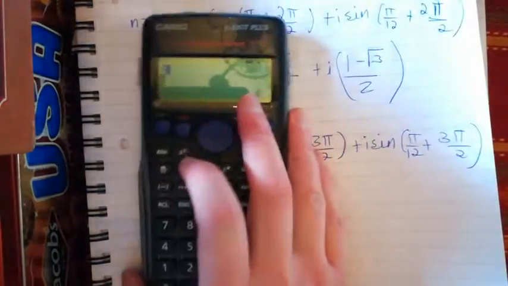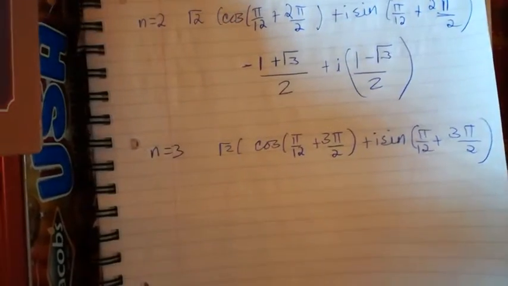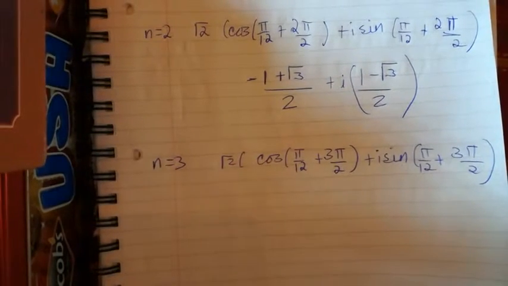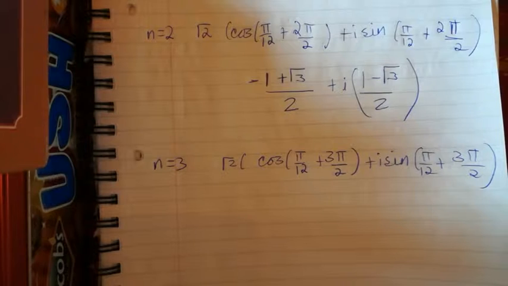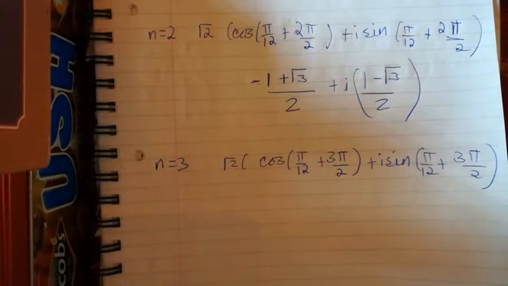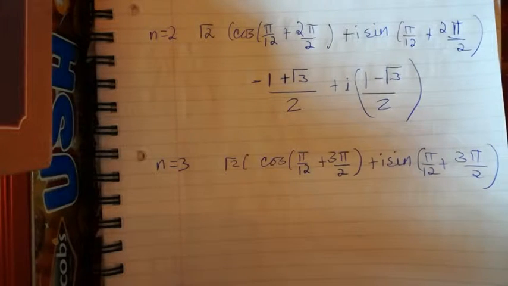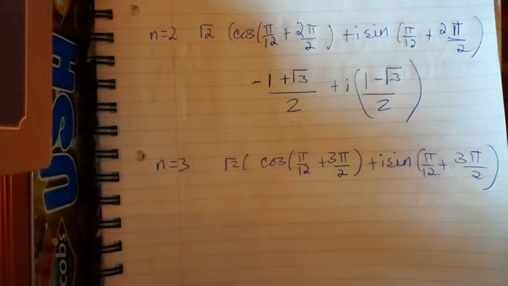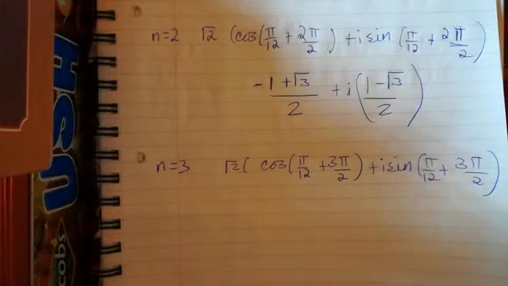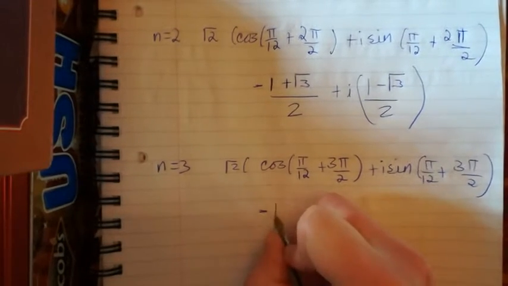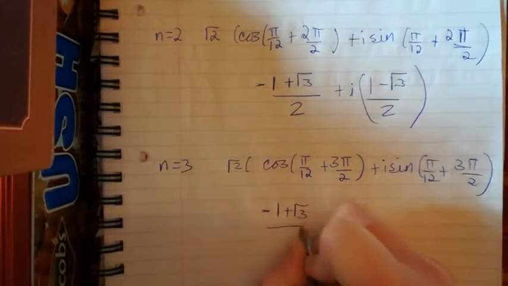So I'm going to work this out now. So I'm going to get root 2 cos of pi over 12 plus 3 pi over 2, which is minus 1 plus root 3 over 2.